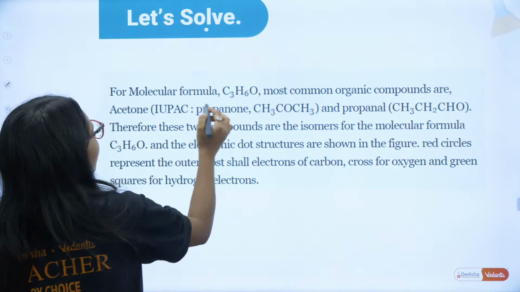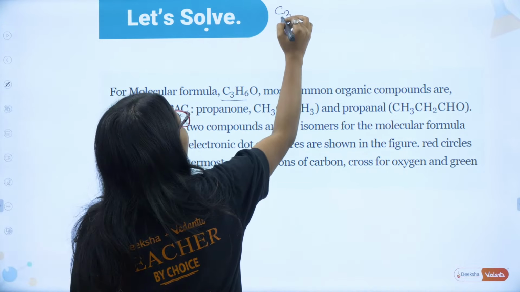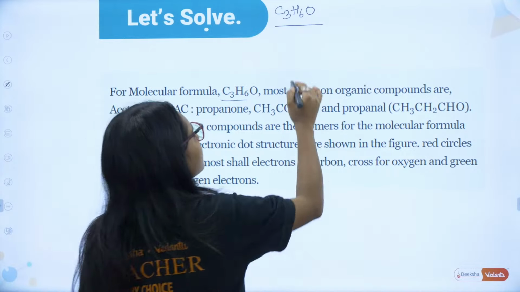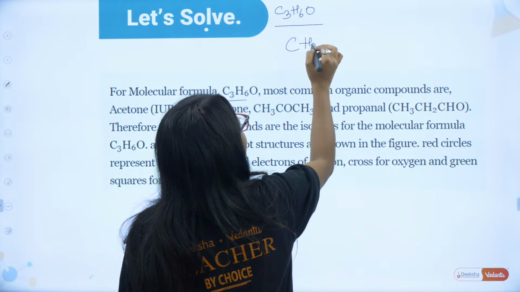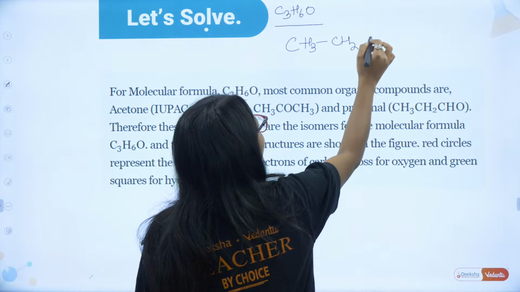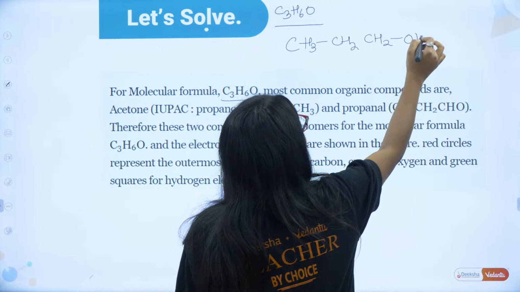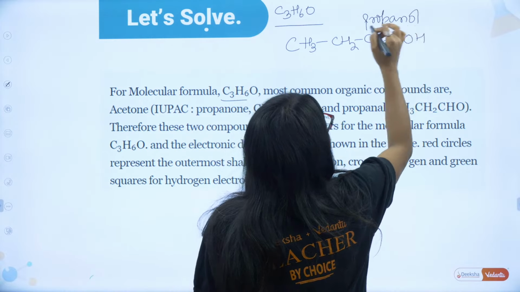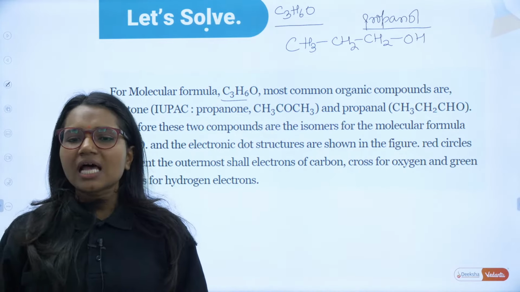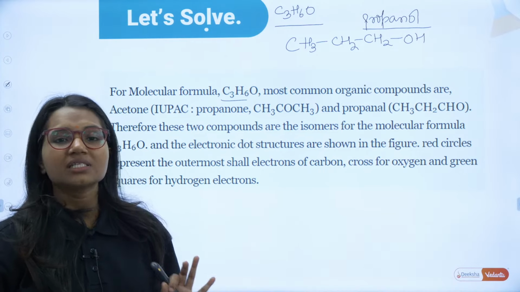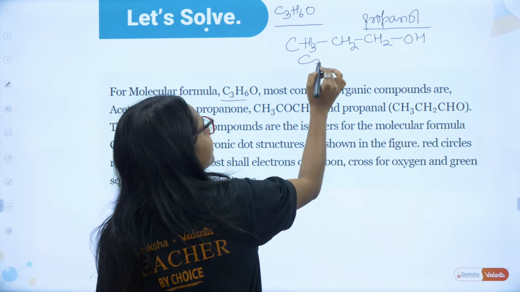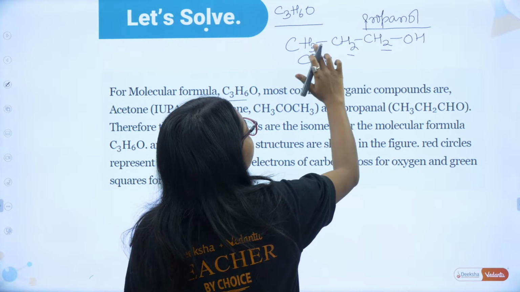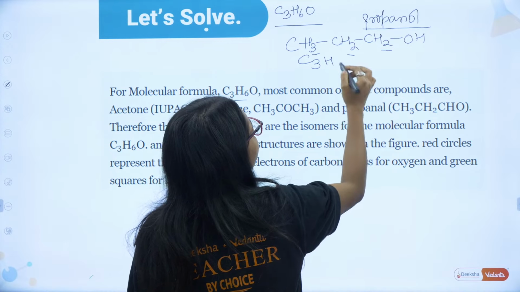So now, C3H6O, 3 carbon. Let's try CH3, CH2, CH2OH. We have drawn the structure of propanol. Can you tell me here how many carbons are present? How many carbons are present here? So it is C3, and hydrogens: 3, 4 and 7, 8.